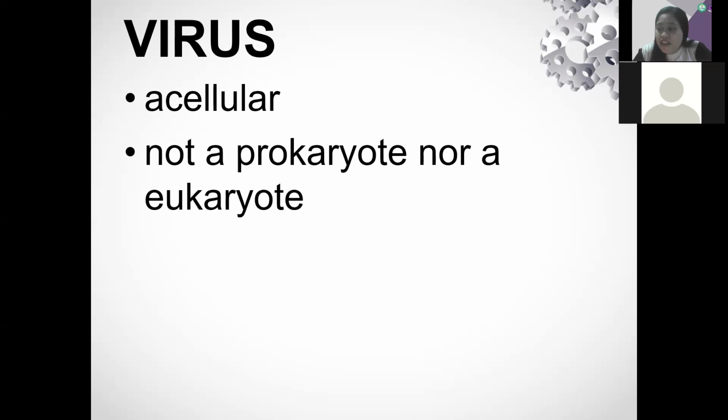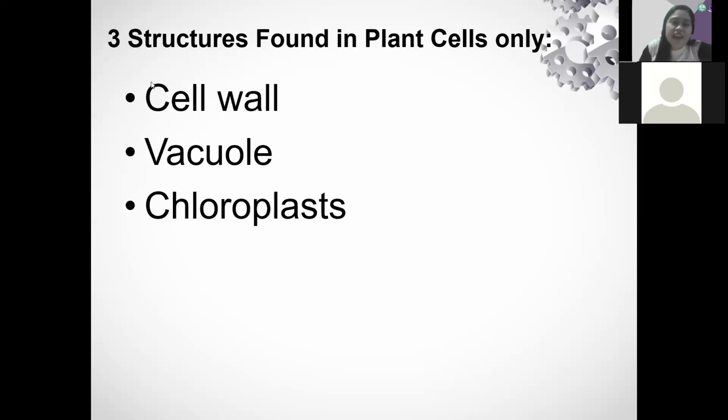Ang virus class, it is just a genetic material, can be a DNA or an RNA encapsulated by a protein. Yun lang talaga yung virus. So hindi mo din siya matatawag na prokaryote and eukaryote. Meron lang siyang genetic material. Okay?